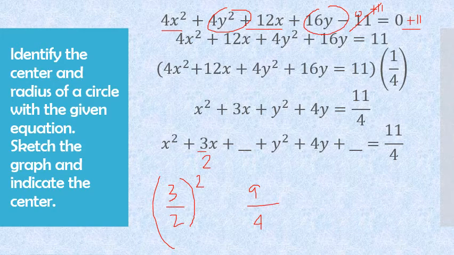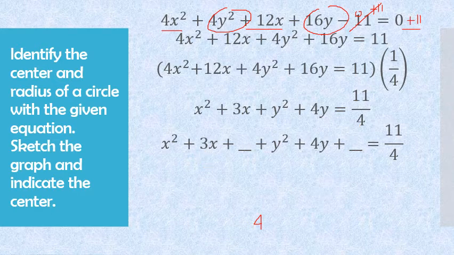Ganon din ang gagawin natin dito sa kabilang side. Dito kasi fraction ang nakukuha natin. Pero dito, pag dinivide mo, what will be the answer? 4 divided by 2. We have 2. Square of 2 is 4. Okay? So, pwede ko na siyang burahin kasi nakasulat siya.